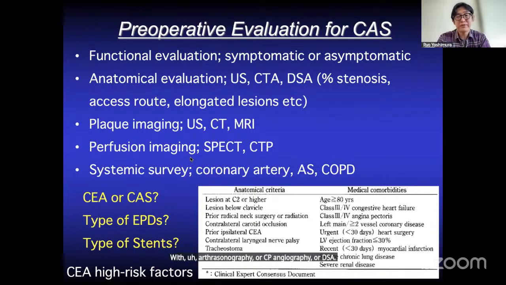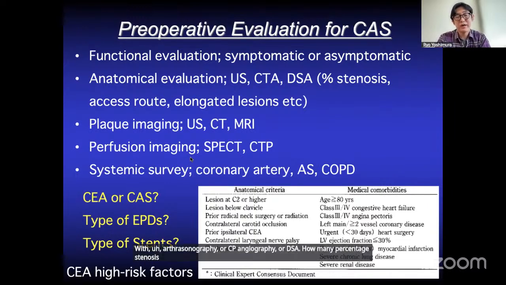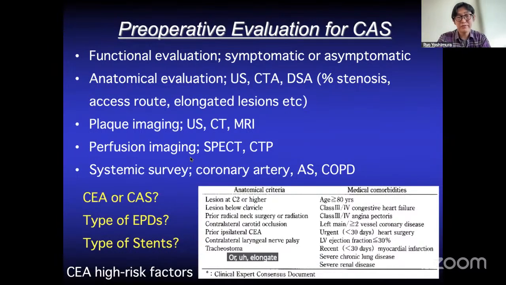How many percent stenosis the patient has, how the access route is, elongated lesions or straight lesions, and so on. Plaque imaging is also important, and it is possible with ultrasonography, CT or MRI.